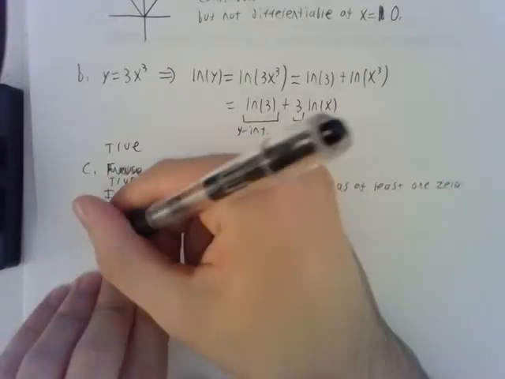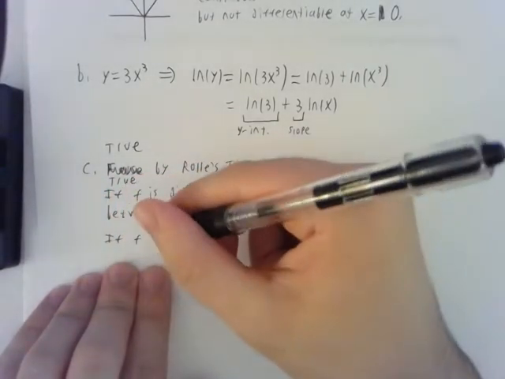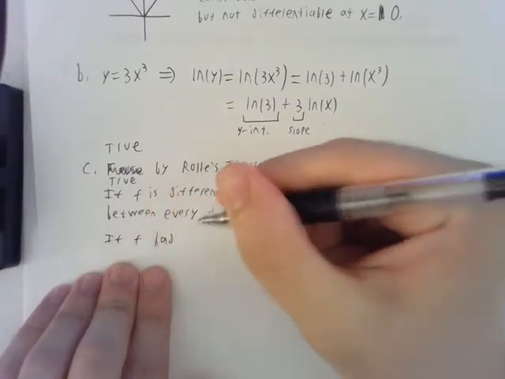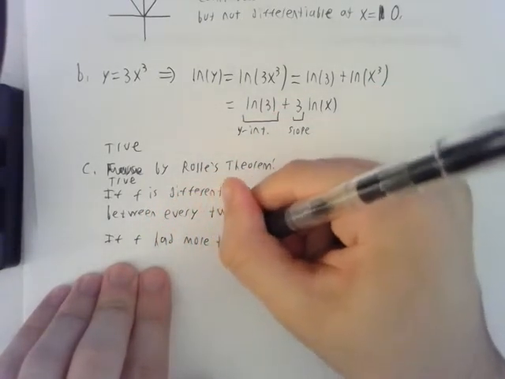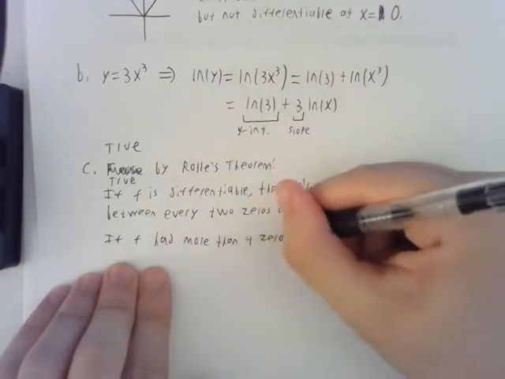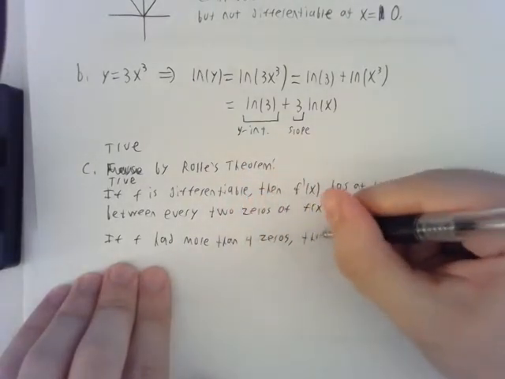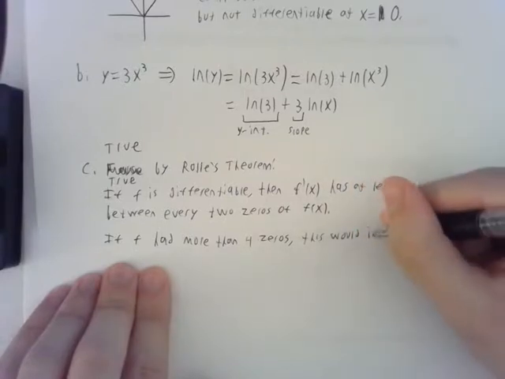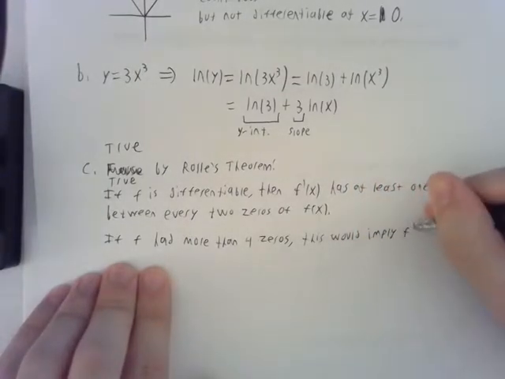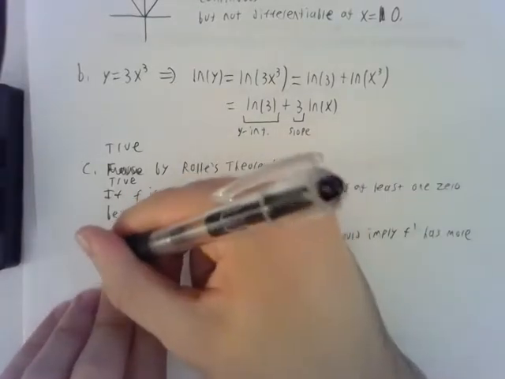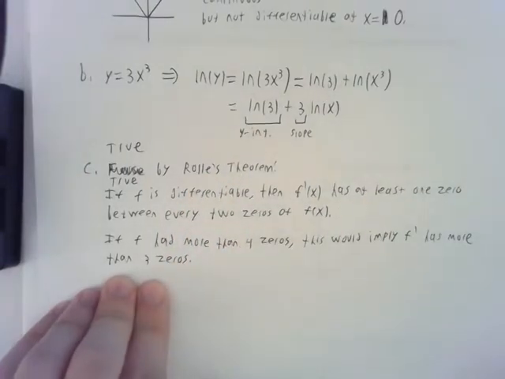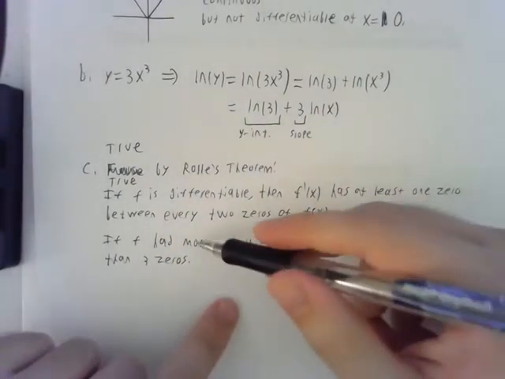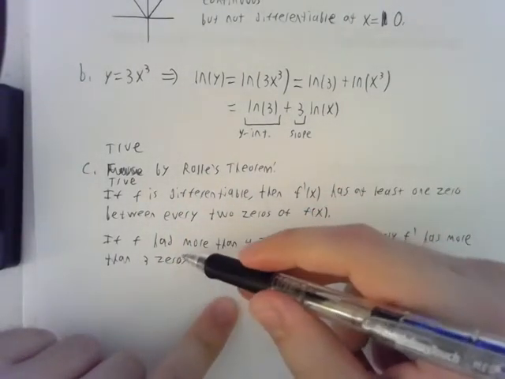So if f had more than 4 zeros, this would imply f prime has more than 3 zeros, because between every 2 of these zeros, f prime must have had at least 1.